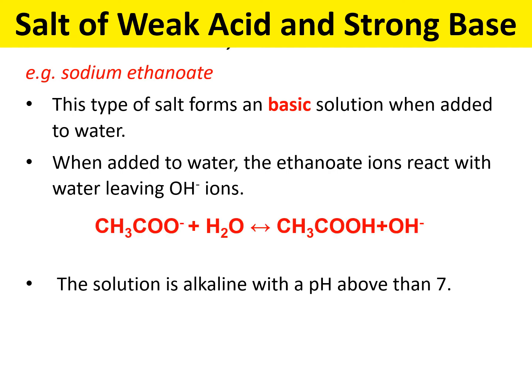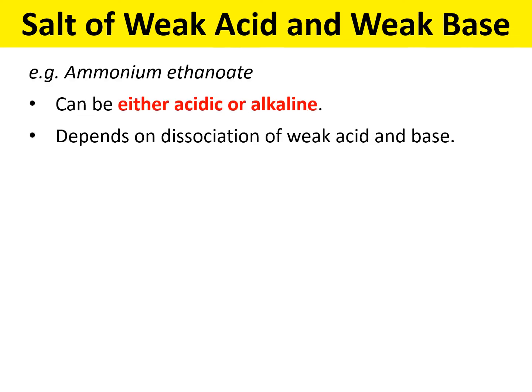So when added to water, the ethanoate ions react with water, leaving hydroxide ions. The solution is alkaline with a pH above 7. If we look at the salt of a weak acid and a weak base, the example here is ammonium ethanoate. It can be either acidic or alkaline, and this depends on the dissociation of the weak acid and base.